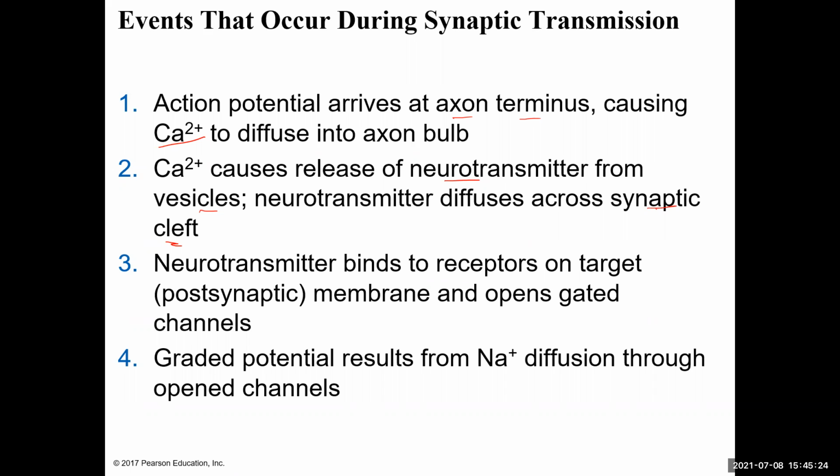The neurotransmitters will then diffuse across that synaptic cleft and bind to receptors that are on the membrane of the target cell. And then the proteins that the neurotransmitters bind to will open gated channels that allow sodium to diffuse through the plasma membrane and initiate a graded potential that will start an action potential in that target cell.